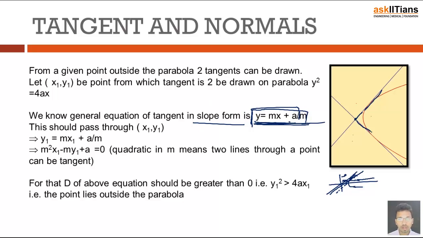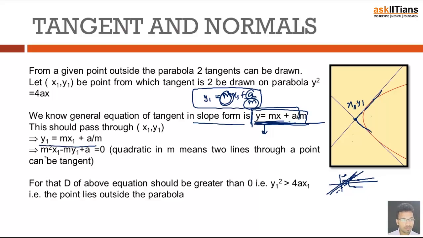Now if it passes through the external point, we can write this as y1 equal to mx1 plus a upon m. From this, the only variable is m, because a will be known from the parabola, and since we do not know the point on the parabola where it touches, we are looking at an external point, so we do not know this m either. That we have to determine in this case.